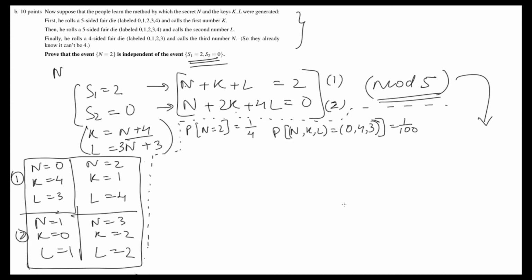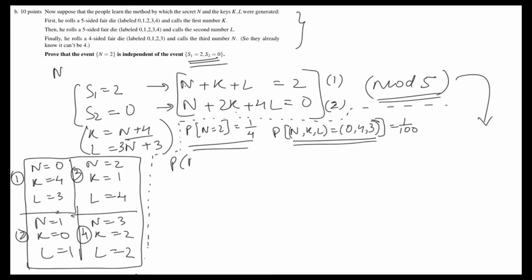Alright, and just in case you guys have a case of engineering OCD, I completely forgot to do this. Whoops. Okay, so now we found that the probability of N is equal to 2 is 1 over 4, and the probability of (N, K, L) equal to 0, 4, 3 is 1 over 100.